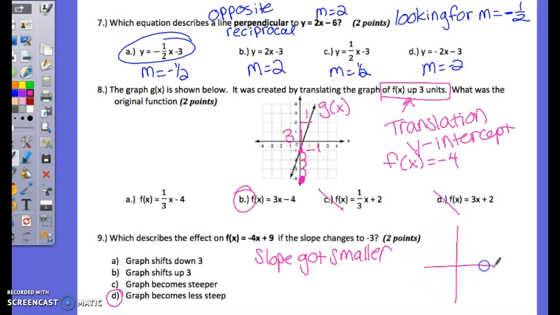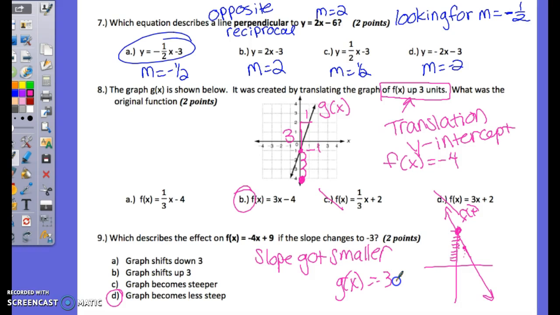You could say f of x is -4x plus 9, so you start at 1, 2, 3, 4, 5, 6, 7, 8, 9, and do a slope of -4, right 1. And you could go ahead and say that f of x has a nice line that's right here. And you could change it to g of x equals -3x plus 9, and see what kind of effect that actually has on it.